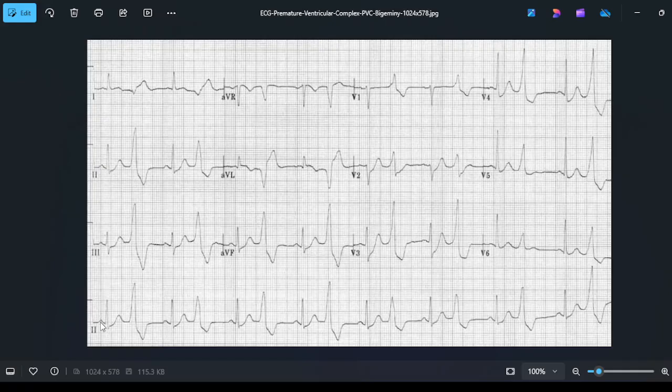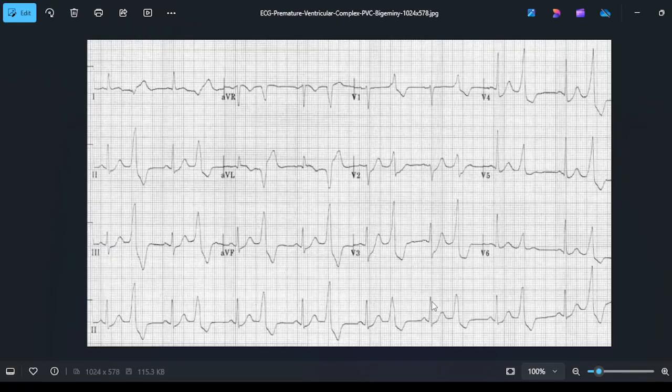Then you go to the rhythm strip. Don't consider this as atrial fibrillation, because you may count the R-R intervals and think this is atrial fibrillation. No, if you count the distance between two similar QRS complexes, that is the same. This is around 7 squares, and this again is around 6 or 7 squares. Again 7 squares, again 7 squares.